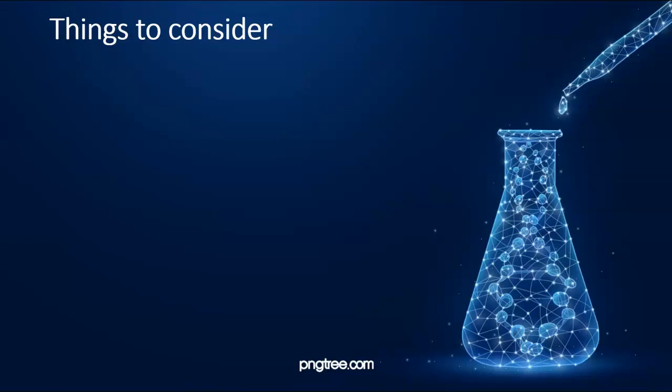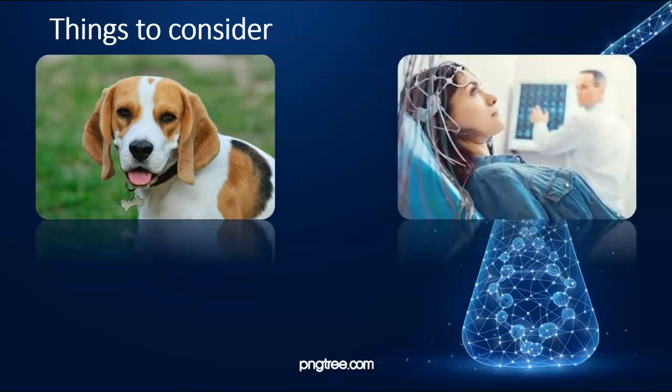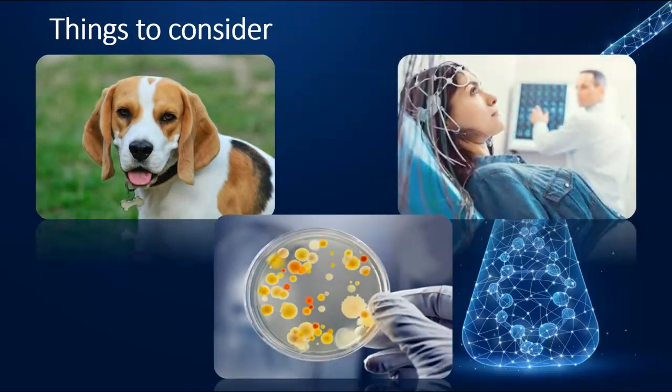There are some things to consider when choosing your categories. For example, animal science, behavioral and social sciences, as well as microbiology, would have, if done using vertebrate animals or human subjects, or swabbing of unknown substances for microbiology, additional paperwork required.